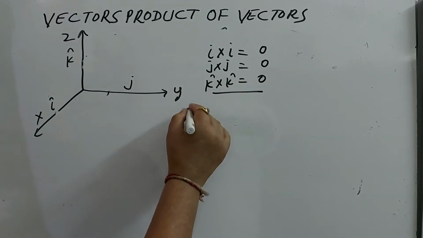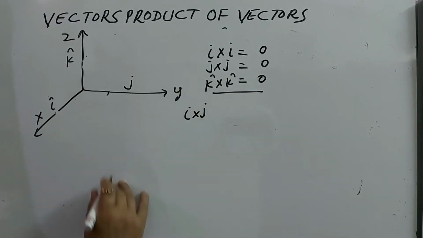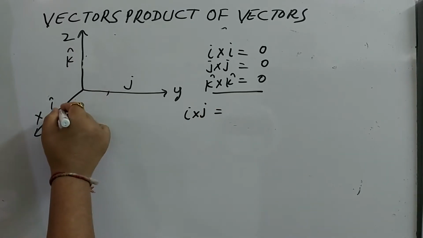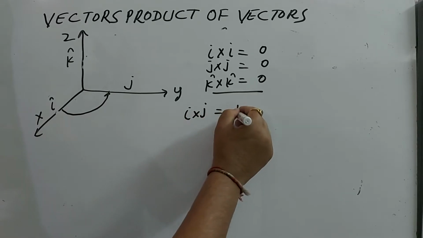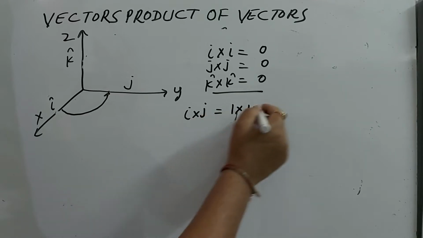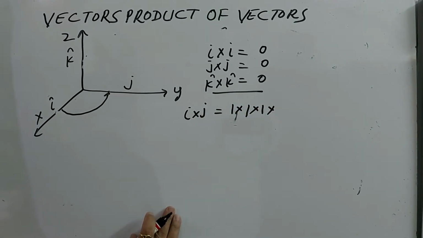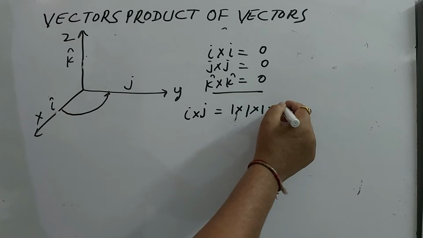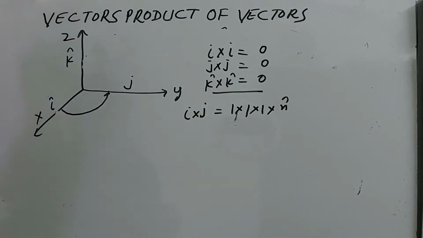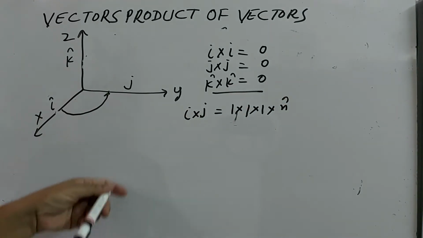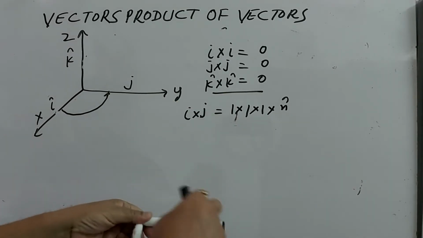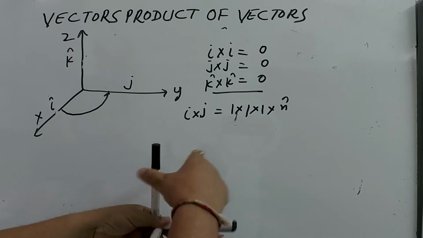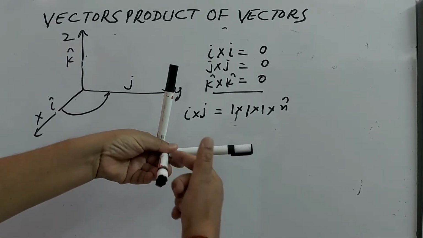But if we find i cross j, we are going from i to j. This will be equal to 1 into 1 into sine 90 degree, which is also 1, into a unit vector perpendicular to both. I cross j means, if this is i along the x-axis, this is the y-axis, and this is the z-axis, we are going from i to j.